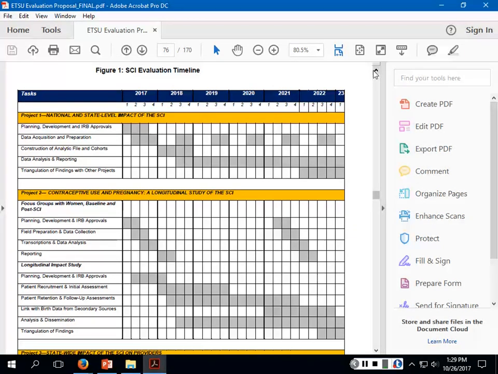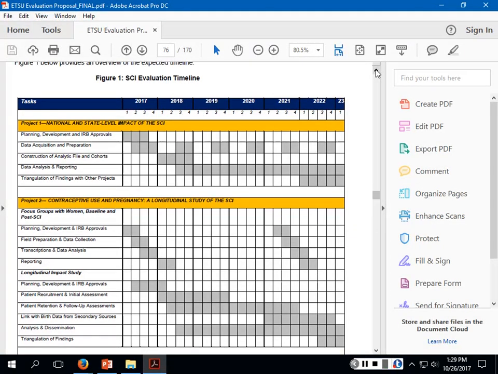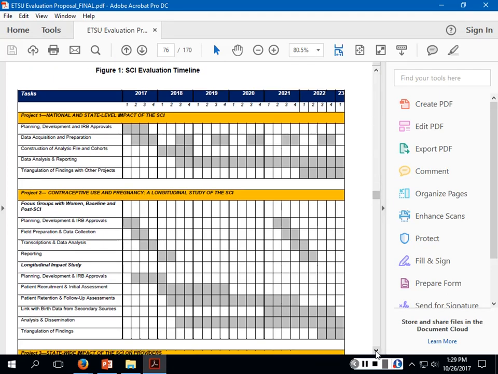So this is a proposal that we developed last year that was funded, and we're currently working on this project. This is a 6-year, very large project aimed at reducing unintended pregnancy by expanding access to all types of contraception.